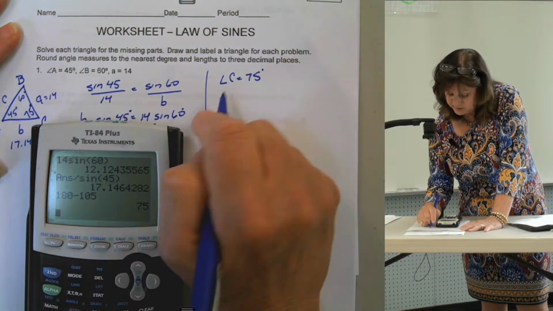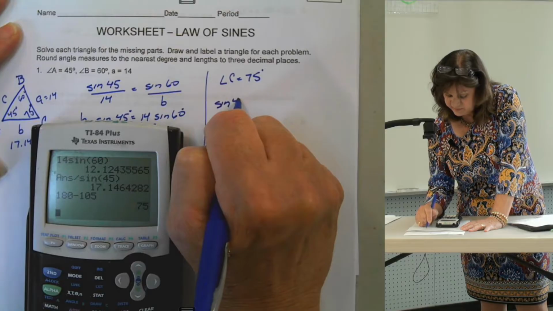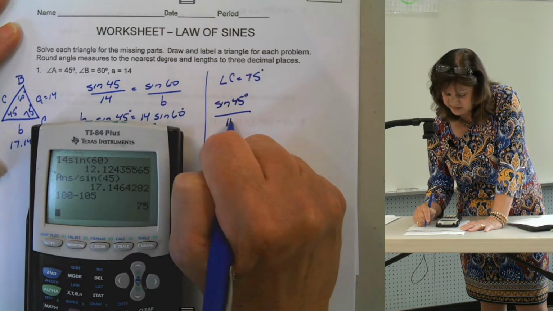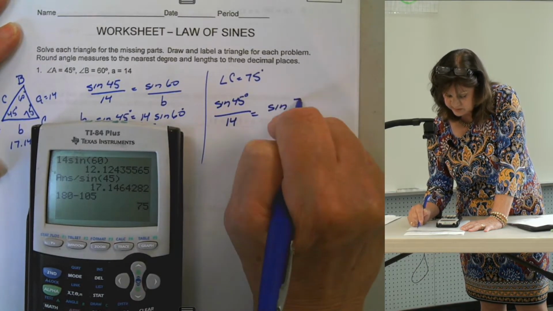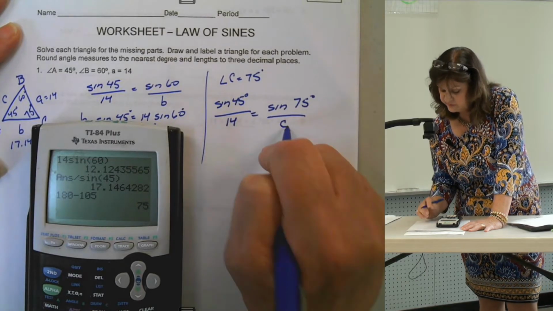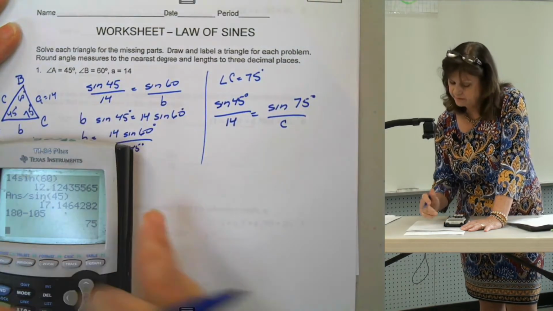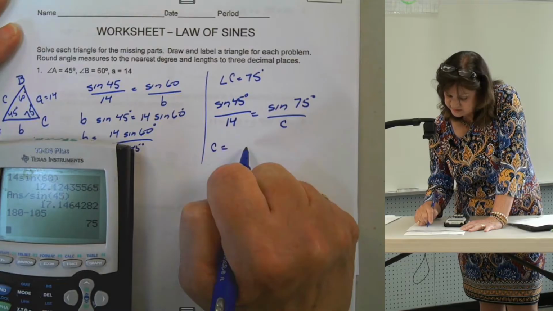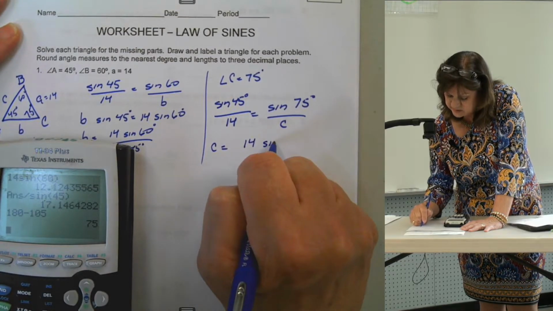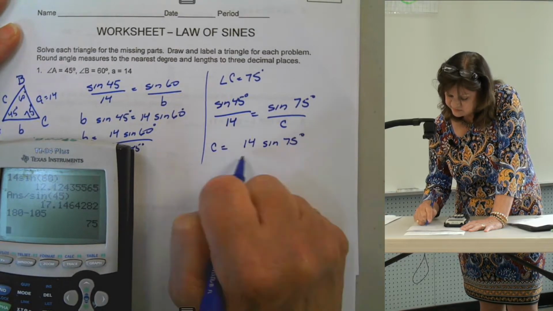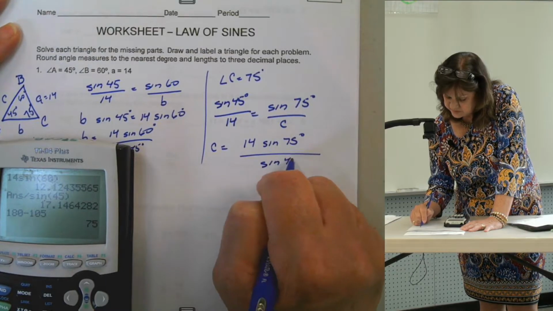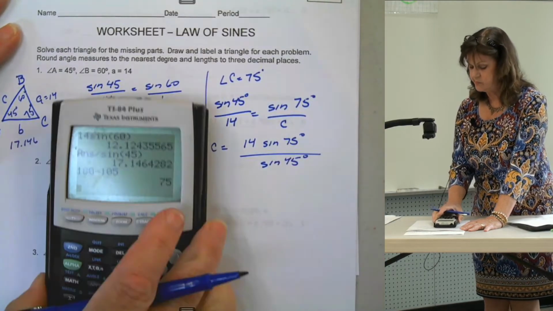All right. So sine 45 over 14 equals sine 75 over C. And C is going to be 14 sine 75 over sine 45.